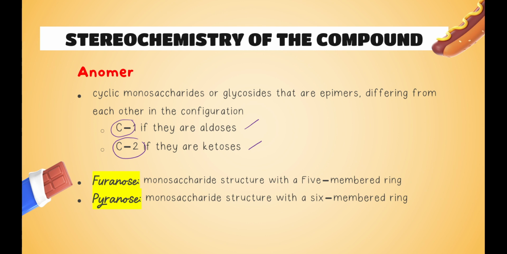Another classification for anomers is that we also call these carbohydrate compounds furanose or pyranose, depending on the cyclic structure. If it is a 5-membered ring, that is what we term furanose. If it is a 6-membered ring, that is what we call pyranose.